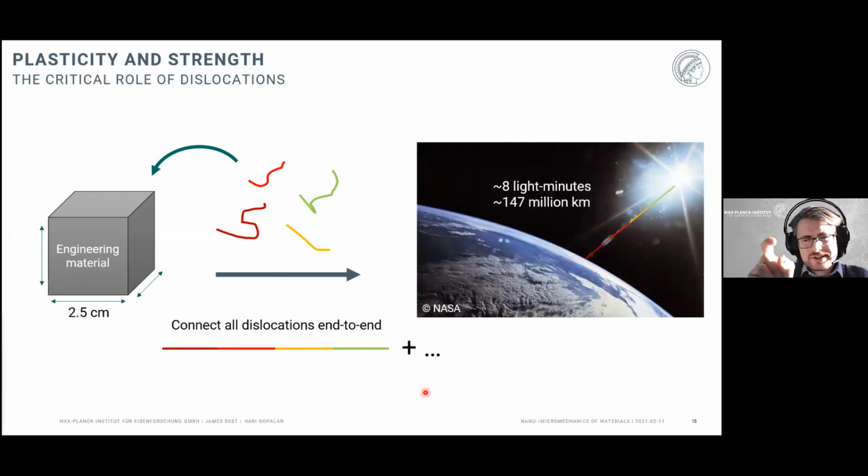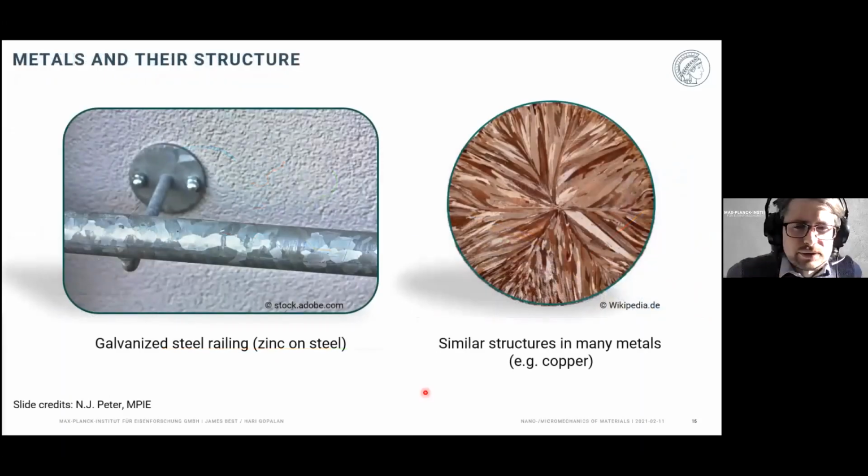So even in this very small amount of material, we have a huge amount of these linear 1D defects, which are controlling the strength response of that material. So dislocations are critical, but one thing that is also critical is the structure of materials, in particular metals.